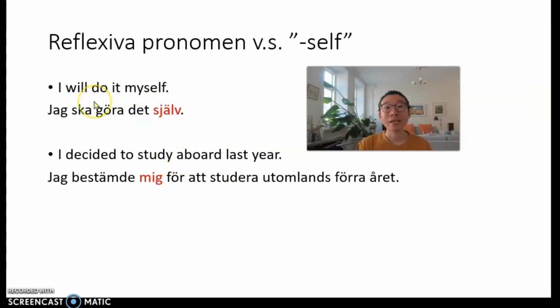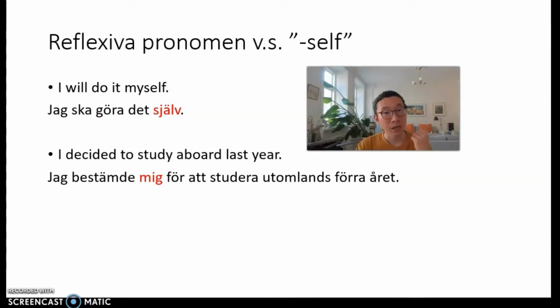So, in English, you will say sometimes, for example, I will do it myself. However, in Swedish, you wouldn't in this case use sig, mig och så vidare. Du använder själv. In Swedish, you would not use the reflexive pronoun.